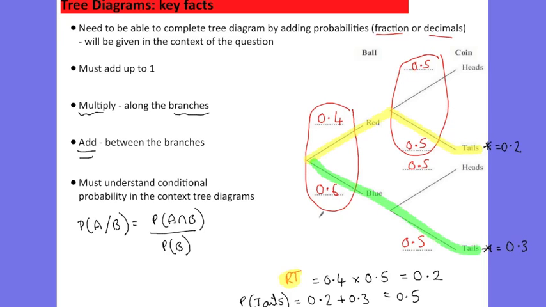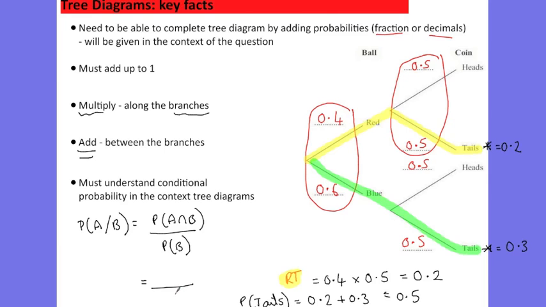So, in the context of this example here, we could say, what's the probability of picking a red ball given it's tails? So, what is the probability of picking a red ball given that it is tails? So, the denominator must be this given part.